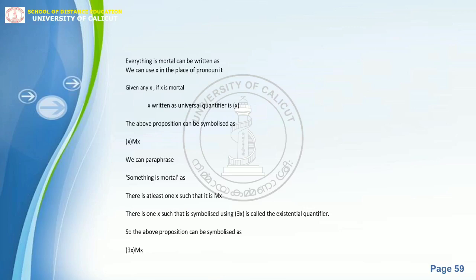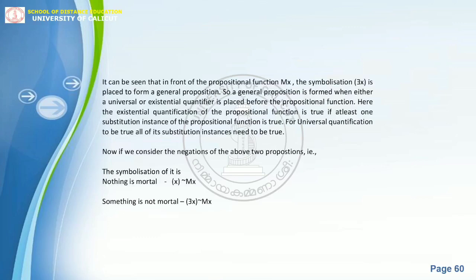So the above proposition can be symbolized as existential quantifier x then Mx. So a general proposition is formed when either a universal or existential quantifier is placed before the propositional function. Here the existential quantification of the propositional function is true if at least one substitution instance of the propositional function is true. For universal quantification to be true, all of its substitution instances need to be true.